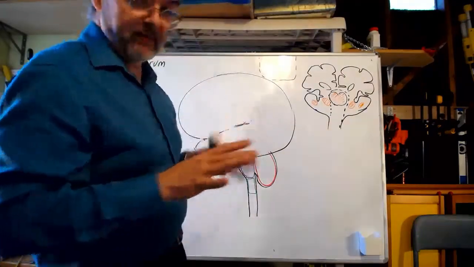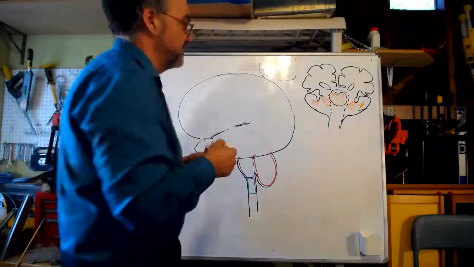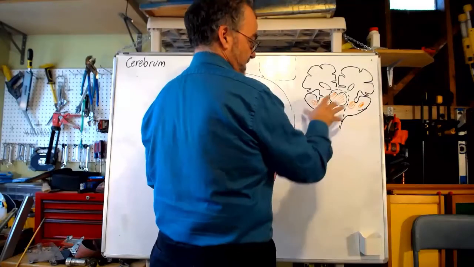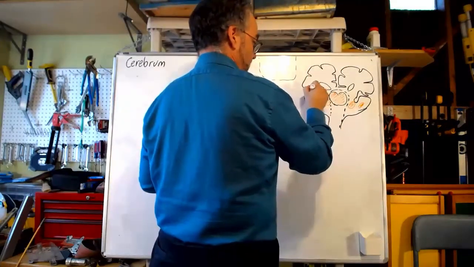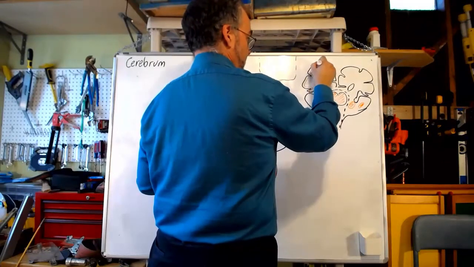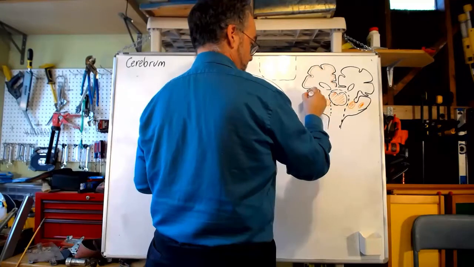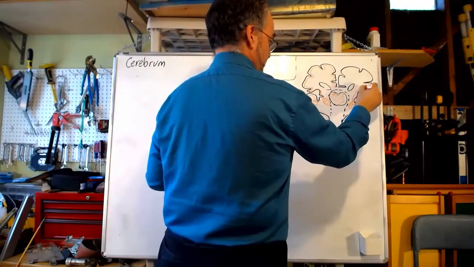Now, those cerebral hemispheres are divided up into gray and white matter, like we talked about last lecture. And there's a lot of deep areas of gray matter that are sort of buried down in the cerebrum. And then there's also an outer layer of gray matter. And I'm sketching in here.